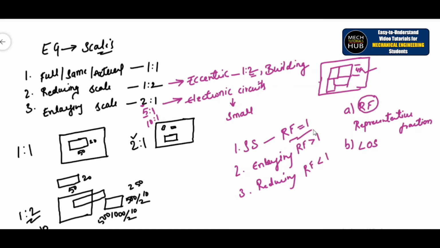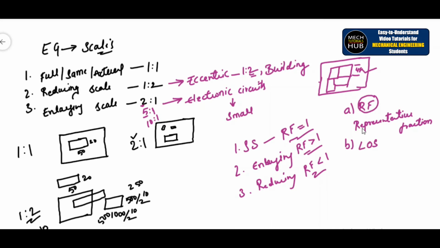Okay, this is a simple viva bit. You can remember RF is 1 for same scale or a full scale. For an enlarged scale, RF is greater than 1. For a reducing scale, RF is less than 1. Okay, these are the things to be remembered. And coming to these two formulas or these two values, these two will be given to you in the question.